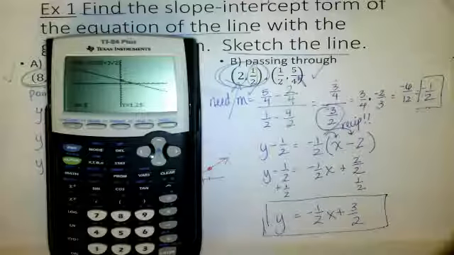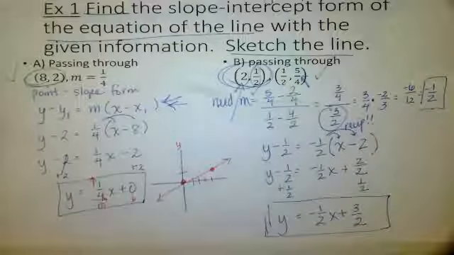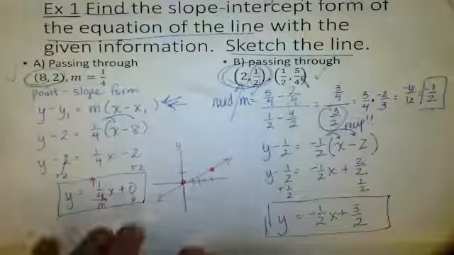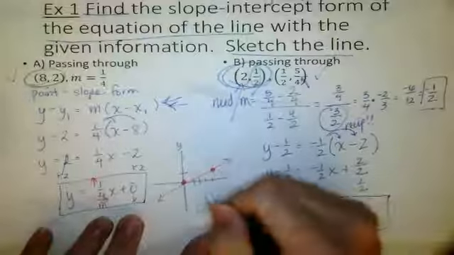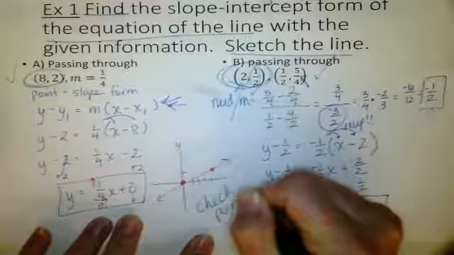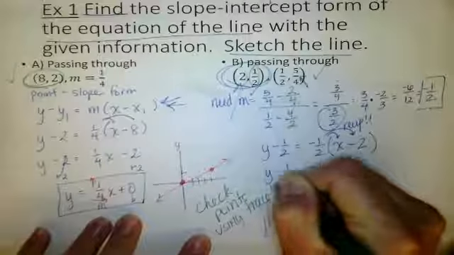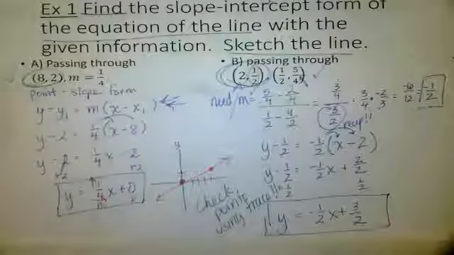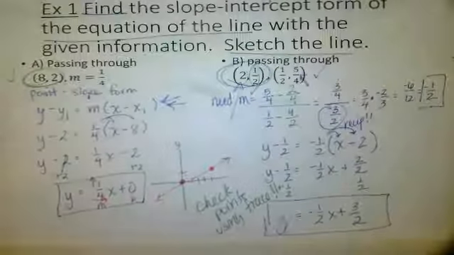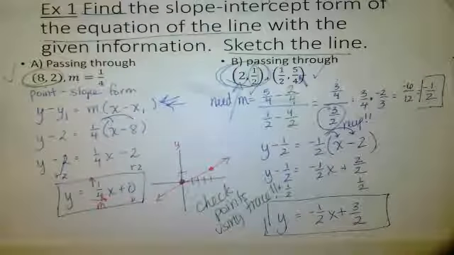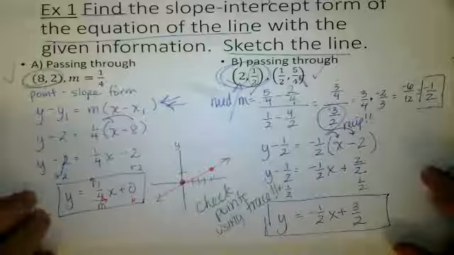So you can easily check those ordered pairs to make sure you did it correctly. Check points using trace. Really good thing to do there. Again, you want to be good with your calculator, ladies and gentlemen. It can be really helpful.